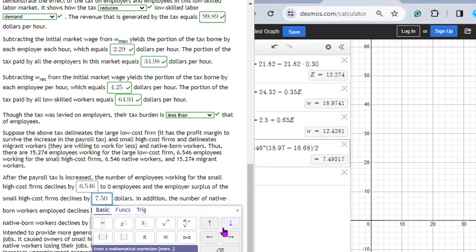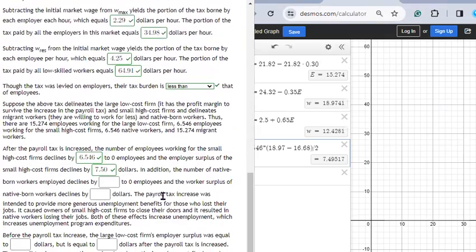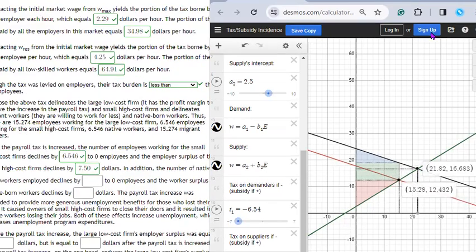Now, again, this is in millions, and we're talking about millions of employees, right? Now, the number of native-born workers employed. Remember what we assumed. The native worker with the lowest reservation wage is 12.43. The native with the highest reservation wage is 16.68, right? So these people here are all native-born workers.